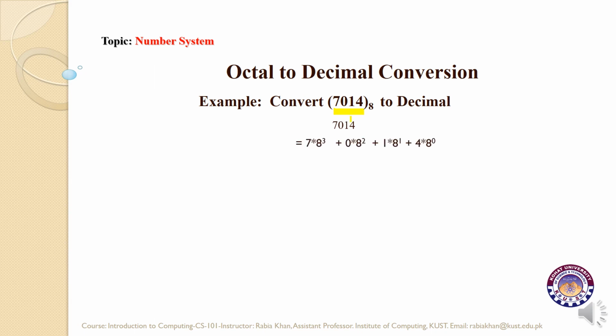First number is 4. 4 is multiplied with 8 and the power of 8 is 0. Next digit is 1. 1 is multiplied by 8. The power of 8 is 1. Third digit is 0. 0 is multiplied by 8. The power of 8 is 2. And the last digit is 7. It is multiplied by 8.